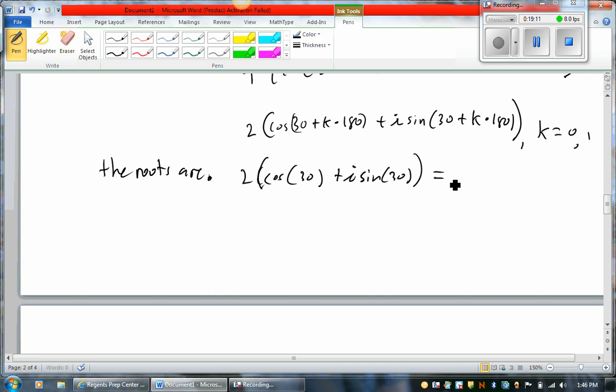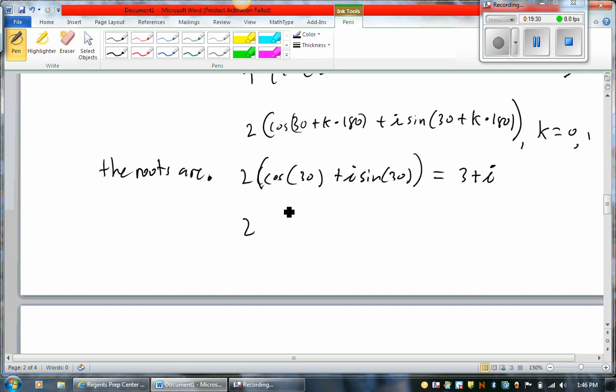And that's just going to equal radical 3 plus i. When you convert this back to standard notation, or you could leave it in trigonometric notation, whatever the question asks.